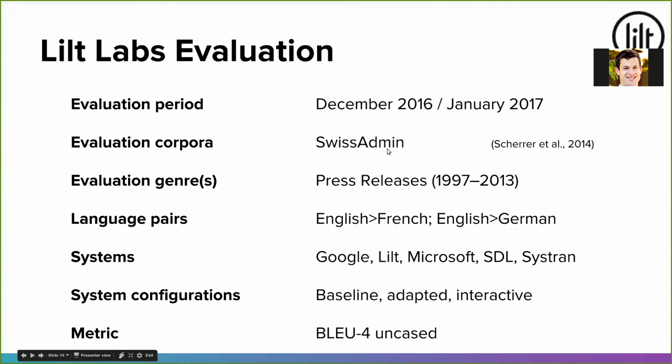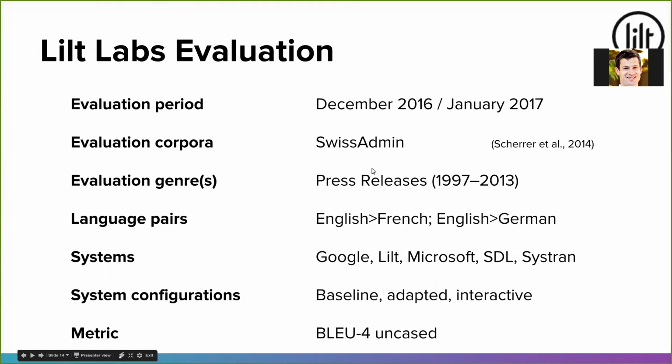So the evaluation corpus that we used was a set of press releases from 1997 to 2013. When you're thinking about data, of course, ideally you want to evaluate content that's representative of what you're going to be doing in your translation setting.